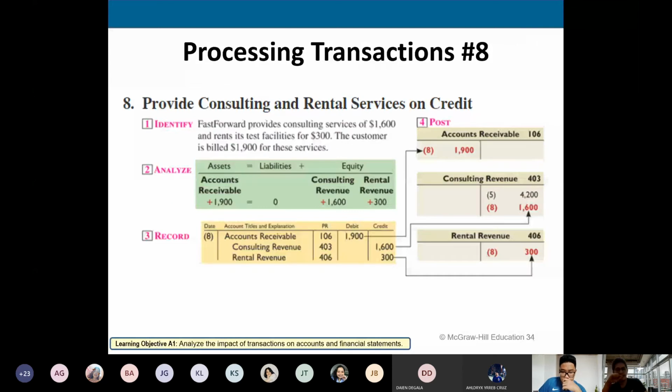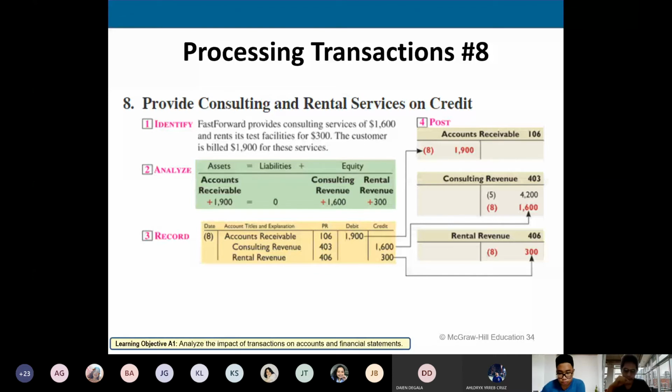Transaction number 8. Provided consulting and rental services on credit. Provided means nag-render ka. Tama? Ikaw ang nagbigay. Ikaw ang nag-deliver. So, kung ikaw ang nagbigay, you must have something in return.